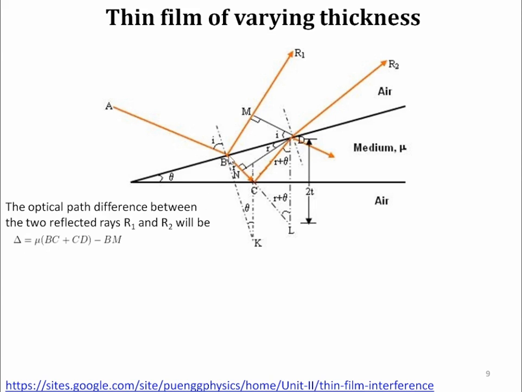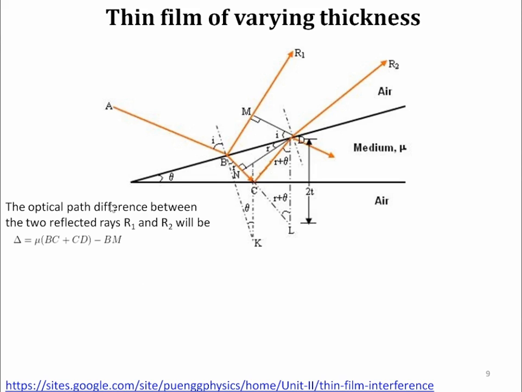So the light is traveling in this path, which has a refractive index mu, so this is the optical path traveled in this region, and BM is the path which is traveled in this region by the second ray. So the difference of these two will be the total path difference. Now since this has been traveled in air, we will have mu equal to 1 here. So this is the total optical path difference.